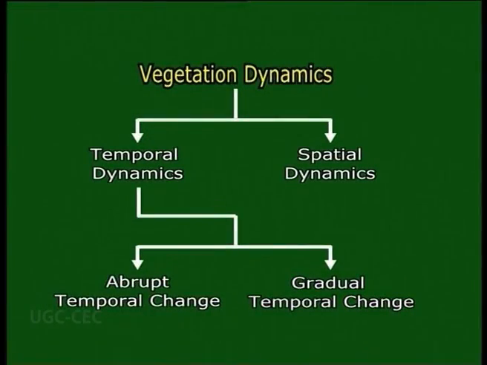Gradual temporal change occurring at a slower pace comprises the field of ecological succession. Succession is the relatively gradual change in structure and taxonomic composition that arises as the vegetation itself modifies various environmental variables over time, including light, water and nutrient levels.